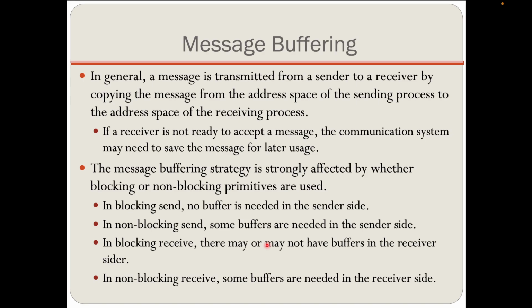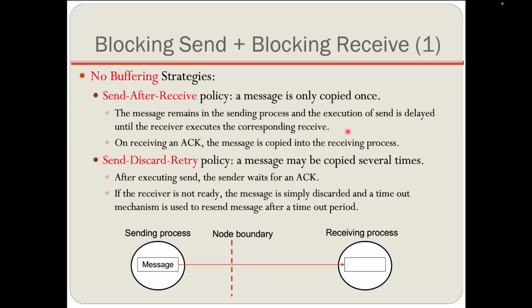The message always stays in the sender's process address space, and some control information is exchanged to make sure that the receiver is ready to receive. Only after this happens will the message be sent to the network and eventually delivered to the receiver's address space.